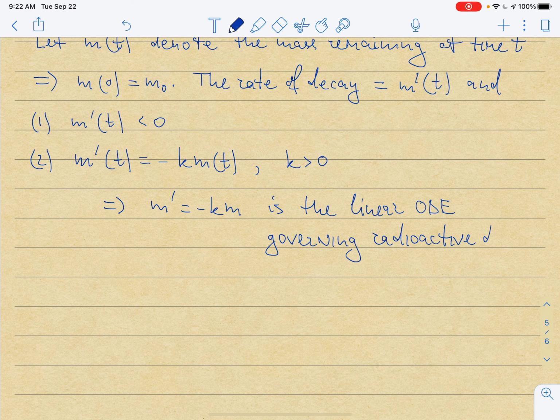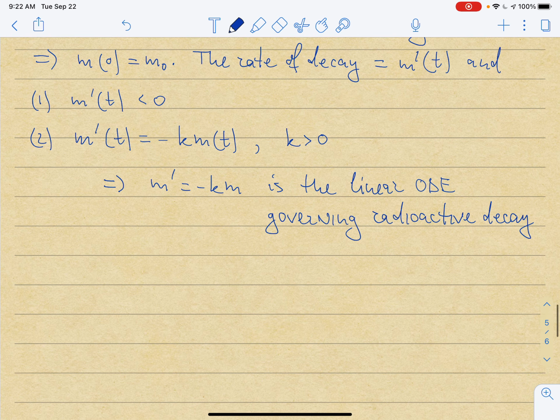And if we now solve that ODE, we should recover the expression for mass at the time t.